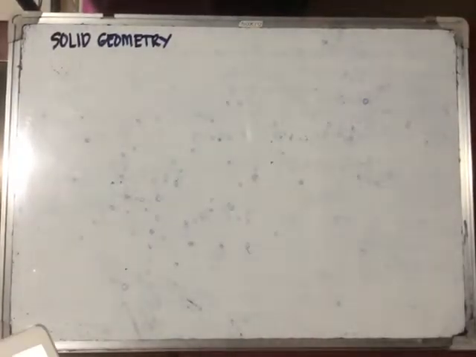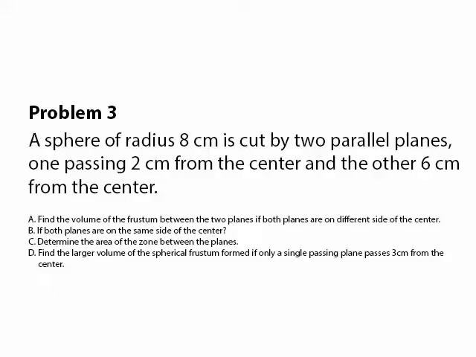Okay, this one is a problem about a sphere. A sphere of radius 8 centimeters is cut by two parallel planes, one passing 2 cm from the center and the other 6 cm from the center. We need to find the volume of the frustum between the two planes if both planes are on the same side of the center.